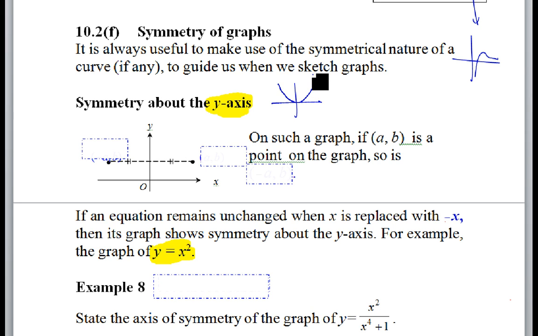What is the property? For any point, say (2, 4), you have a point (-2, 4). So for a point (a, b), you also have a point (-a, b) with the same y coordinate b.